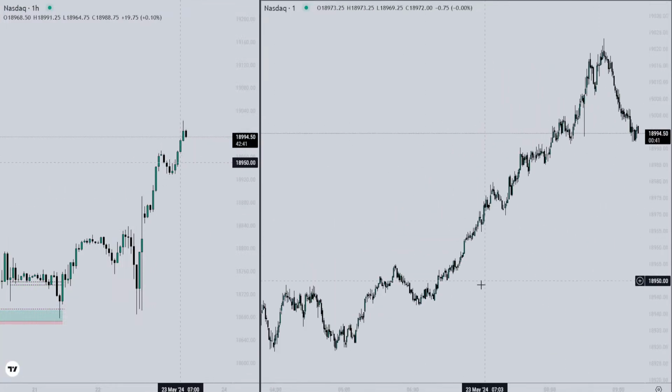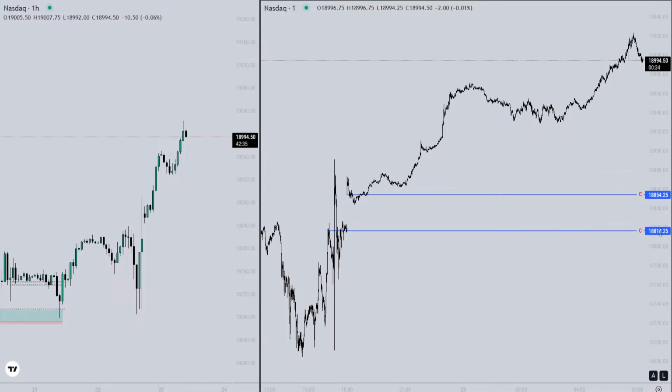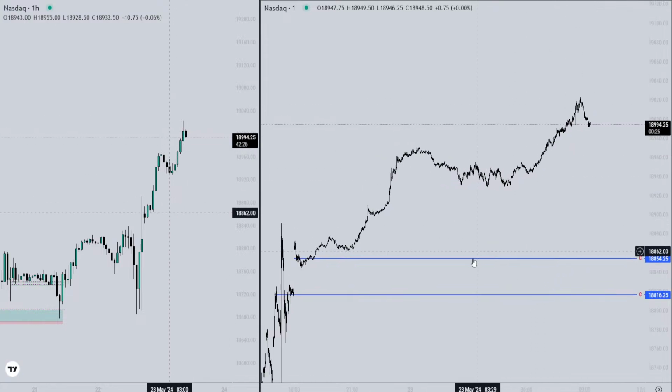If you look over here at the 1 minute chart, look how beautifully the market went higher. It just kept going higher. If you really would love to take an entry, the best situation is to trade around the PM session.